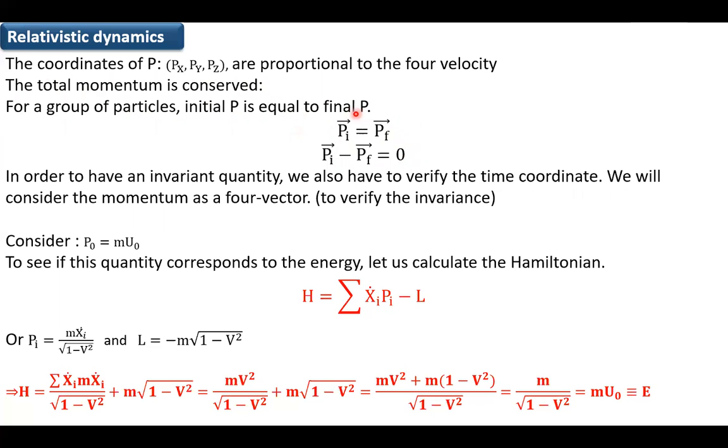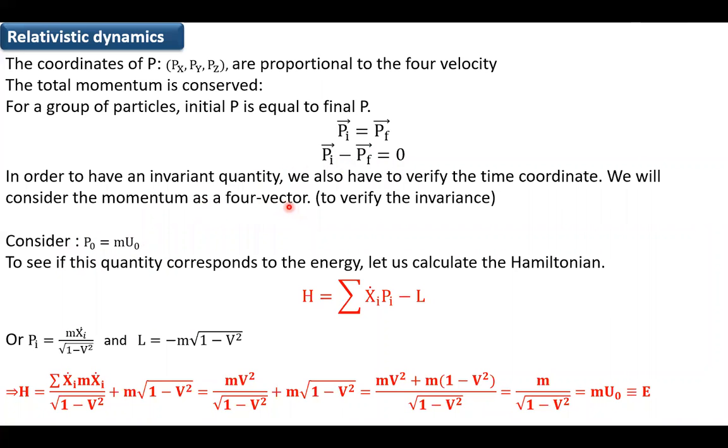But you know, in physics, we need invariant quantities. And in space-time, we need 4 vectors, not 3D vectors. So we will verify this invariance of the conservation of momentum by working out the zeroth coordinate, the time coordinate. So we will consider the momentum as a 4 vector to verify the invariance.